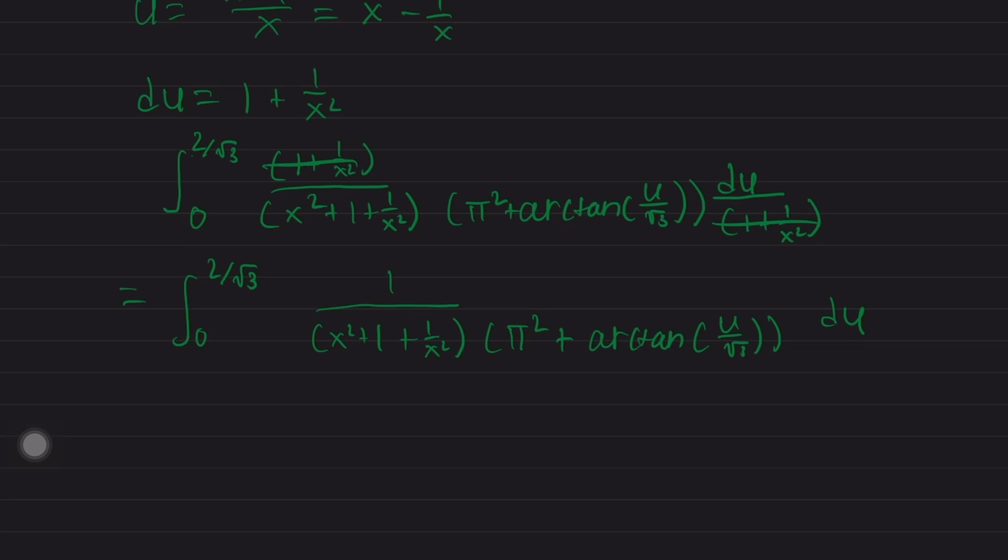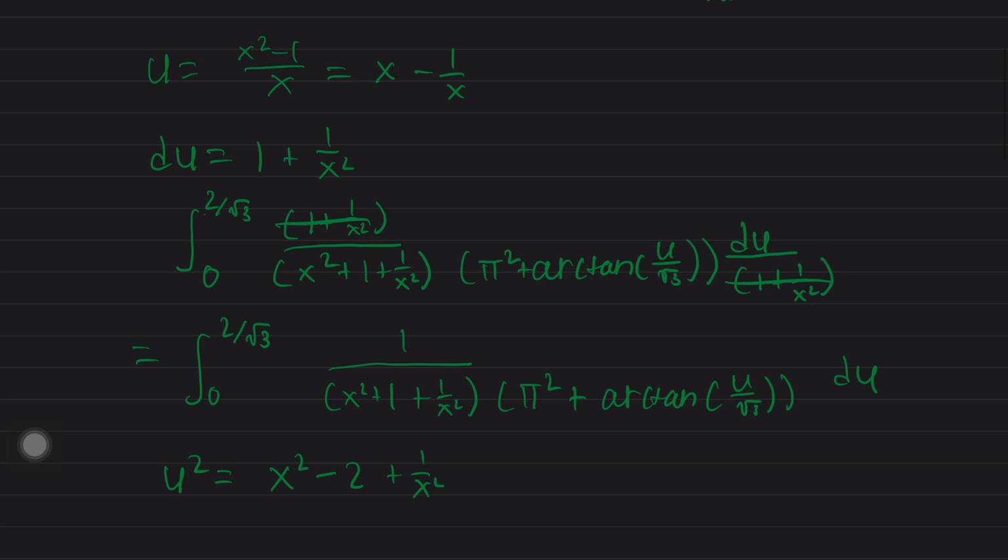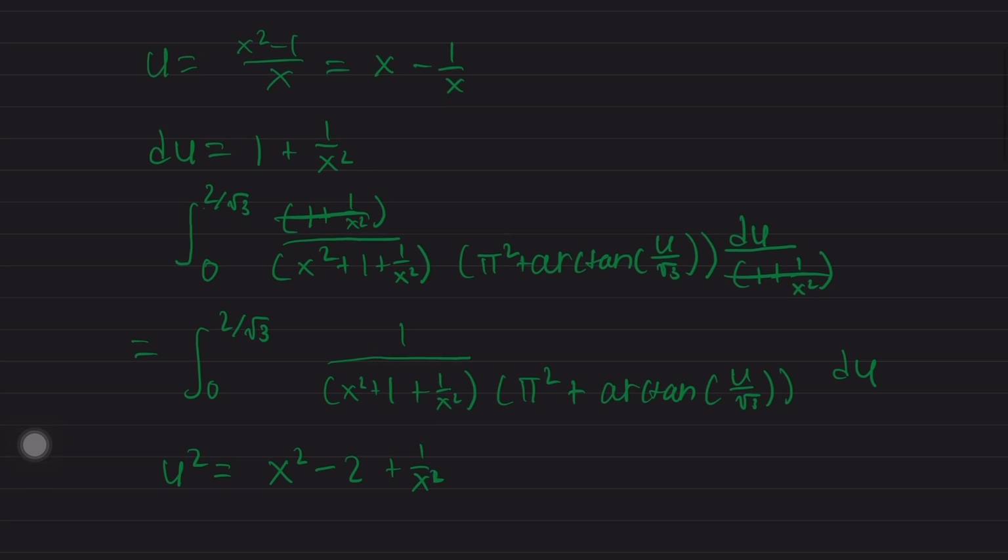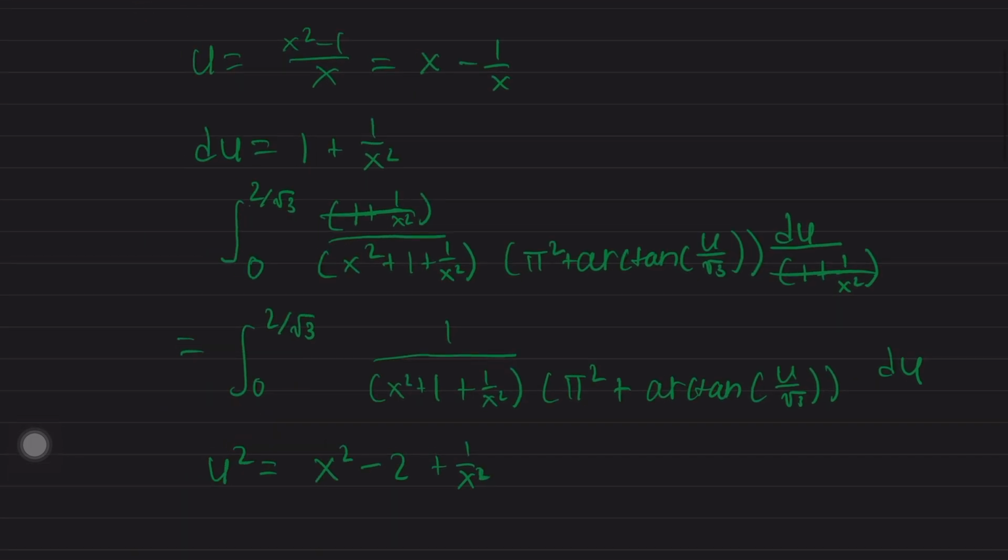Okay. Now, we need to somehow plug in u for x squared plus 1 over x squared. So we need to solve for this in terms of u. We can do that by squaring u. So we'll get u squared is equal to x squared minus 2 plus 1 over x squared. U was x minus 1 over x, and here we have x squared minus 2 plus 1 over x squared.